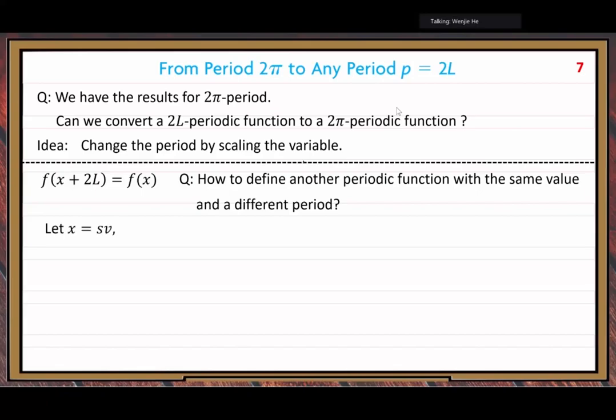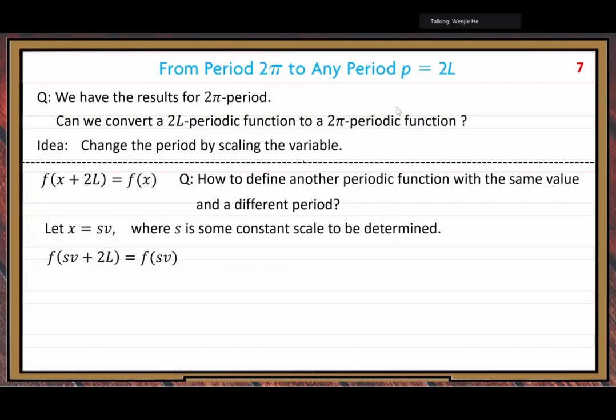Let's scale our variable: make x equals s times v, where s is the scale number and v is another variable. With the scale number s we can make adjustments, making it larger or smaller.